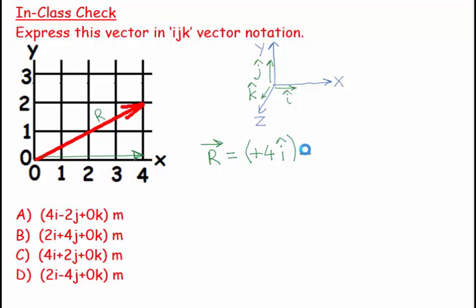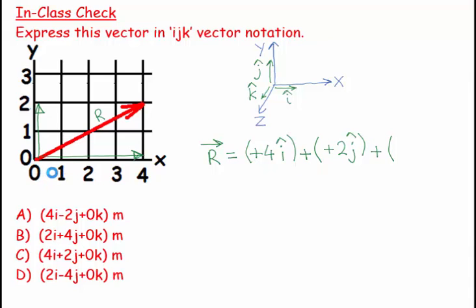And then let's add the second component to it. So now I look in my y-axis and I see that my y component is there. And so that would be plus 2j. And then I know that there's nothing in the z-axis, but I don't like to leave that blank because you never know if you just forgot to write it down or whether it actually is 0.